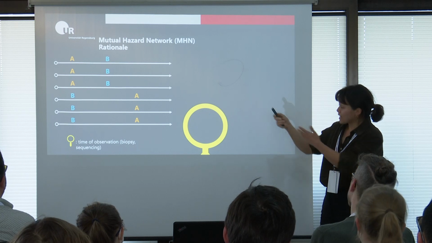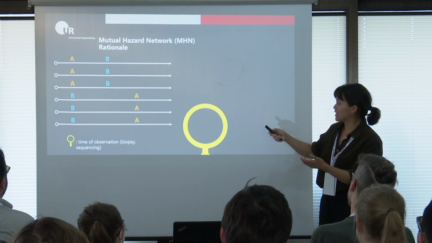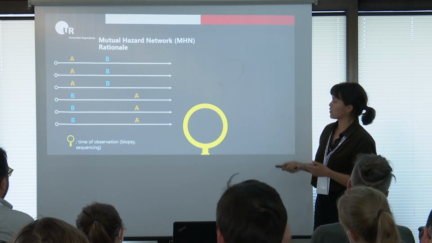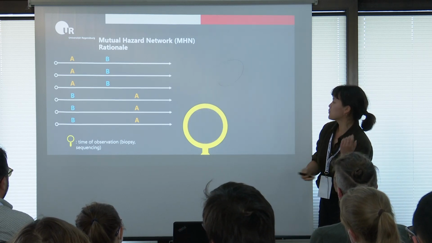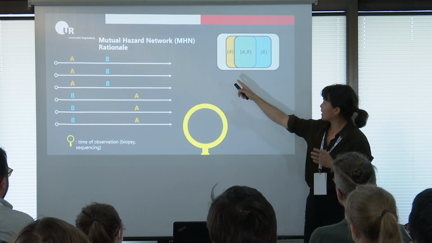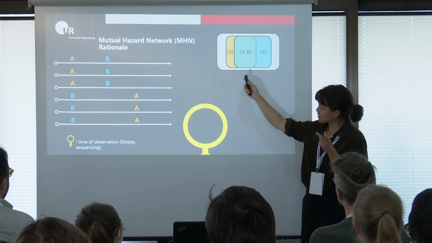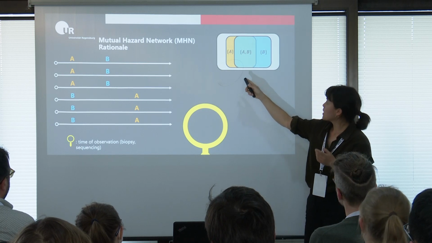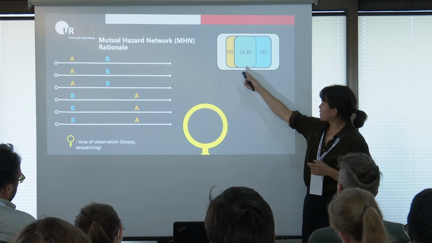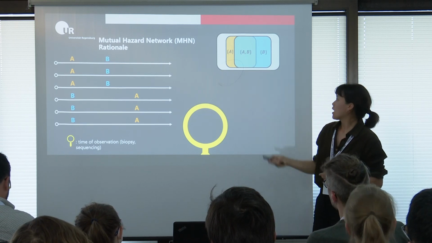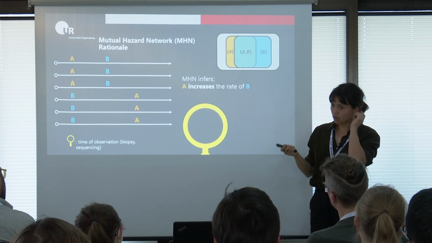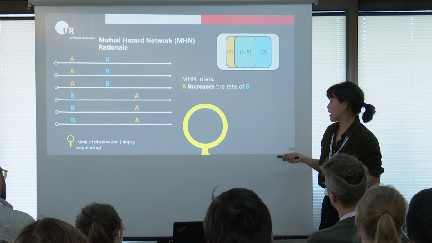Of course, if the patients' disease courses look different, the data pattern also looks different. So in this case, what we would observe in comparison to earlier, observing at least A stays at about the same frequency, but here, way more often than before, when there's A, there's B. In this case, MHN would infer that A increases the rate of B, or in other words, it makes it more likely to happen.